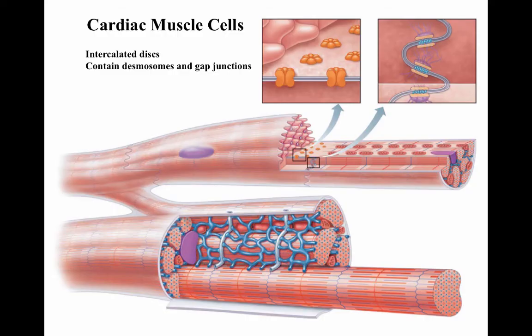Cardiac muscle cells are very interesting because they have intercalated discs within them, and what the intercalated discs are actually are desmosomes and gap junctions, so very connective cellular proteins on the surface, and gap junctions that will keep the handoff of electrical impulse traveling from cell to cell, so that we don't actually have to have nerve innervation throughout the cardiac muscle.